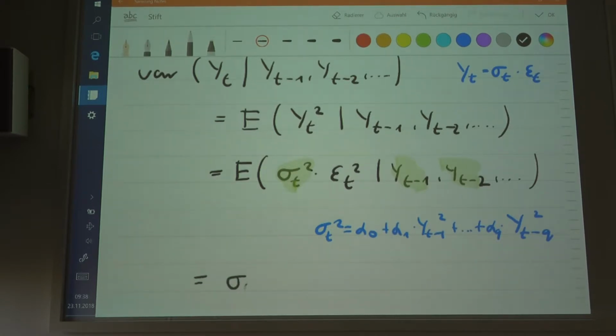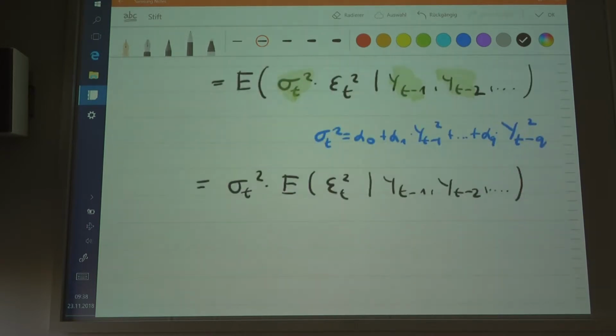This will be equal to sigma squared times the expectation of the square of the noise, and the expectation of the square of the noise is equal to 1.